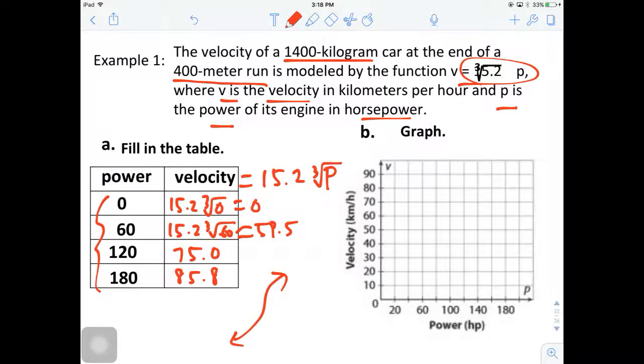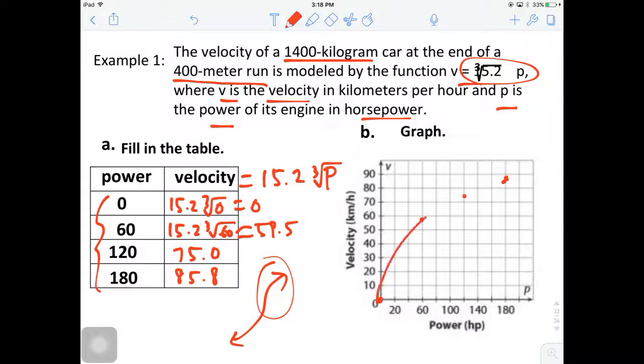Even though we know that a cube root function should look like the shape of an S, we're only going to have the positive side, which is like the first half of it. So when we graph it, it should be 0, 0, and then 60 is almost right here, almost 60 again. And then 120 is going to be 75, which is like right here. And then at 180, it will be 85.8, like right there.